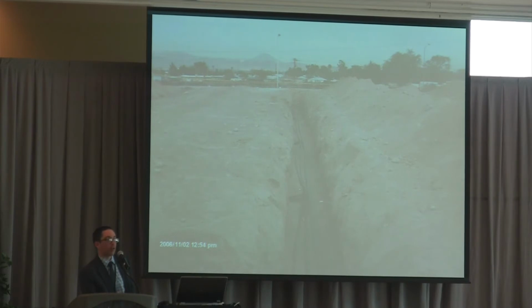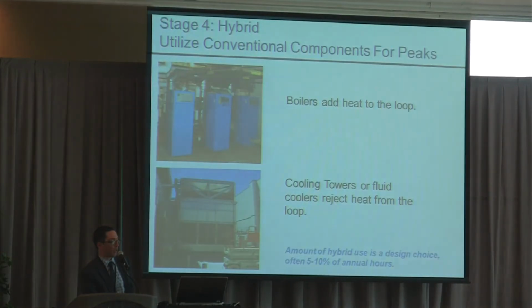So if you think about a peak cooling demand, the ground can spread that over time, and by doing so, reduce the electrical demand on the building, maintain comfort much more efficiently, etc.